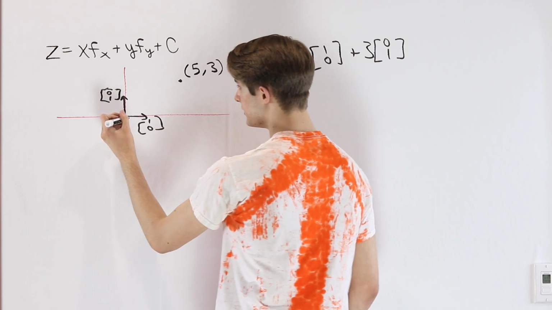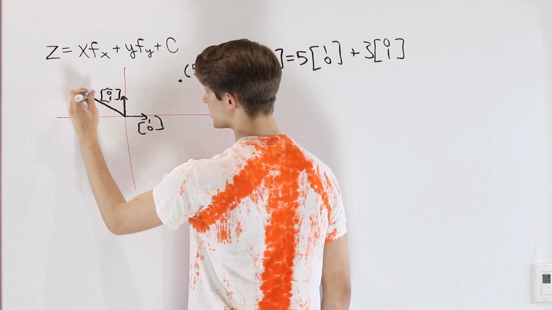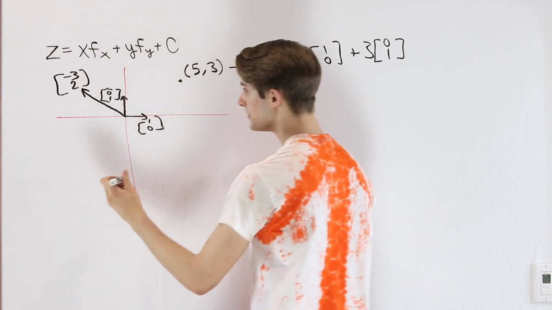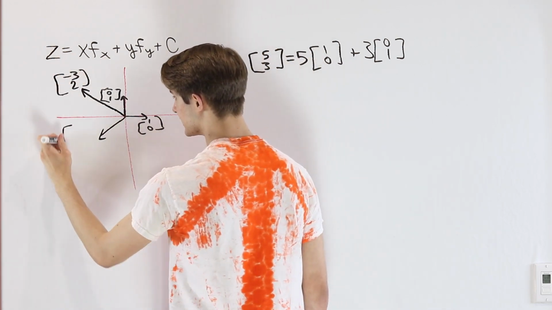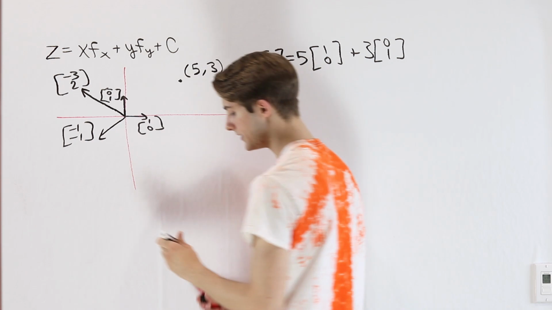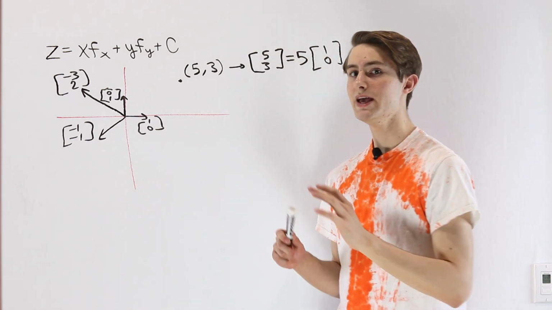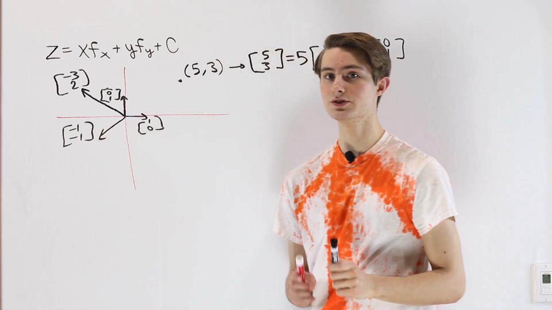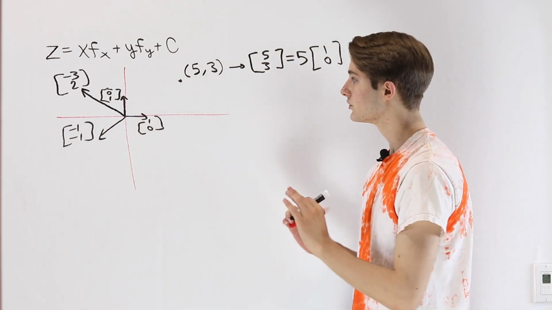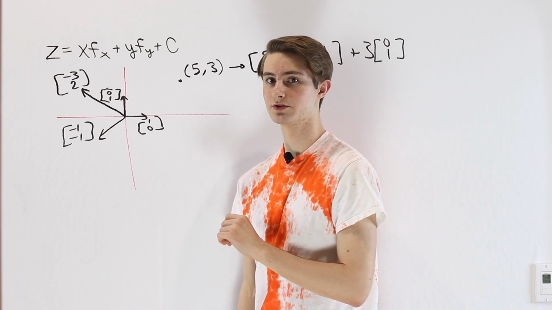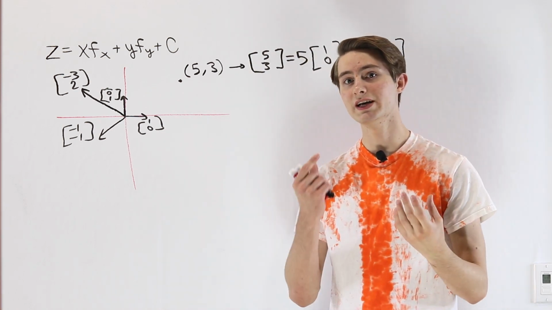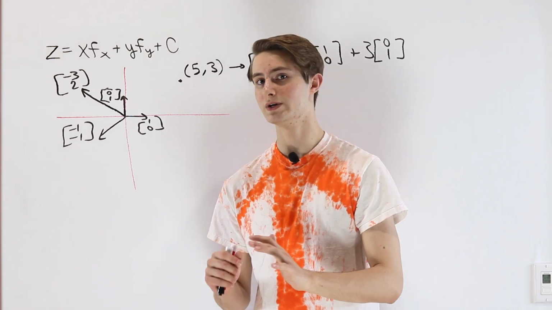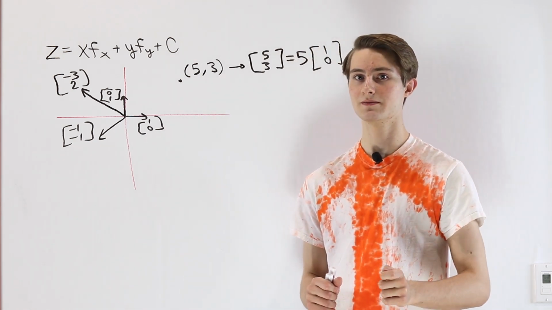For example, we could choose one vector that looks like this, say negative 3, 2, and one vector like this, negative 1, negative 1. And we could describe any point in space in terms of a combination of those two vectors instead. So what we want to do is take this idea of coordinate systems and find two coordinate vectors to use that allow us to think about rates of change more easily.